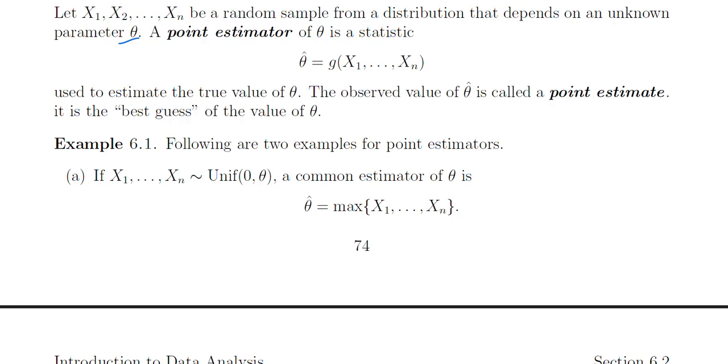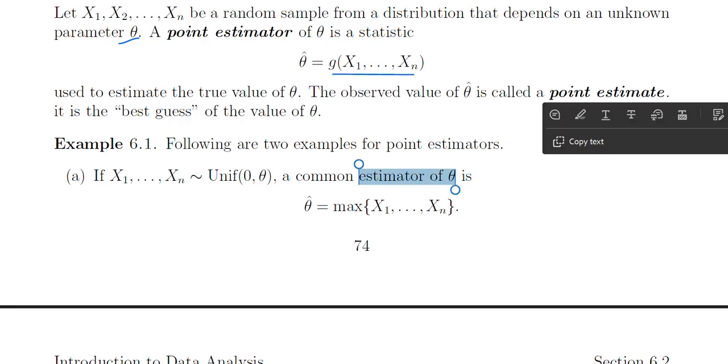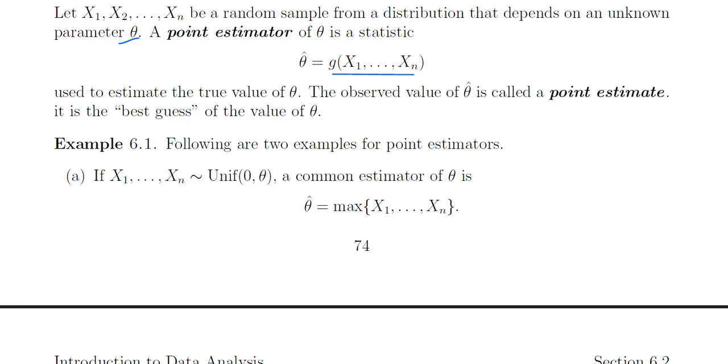As a point estimator of theta, we calculate a statistic from the sample data. It is just some function of x1 to xn, the data we collected. We usually represent the estimate with a hat, theta hat.